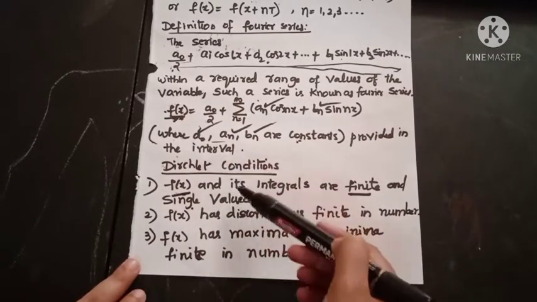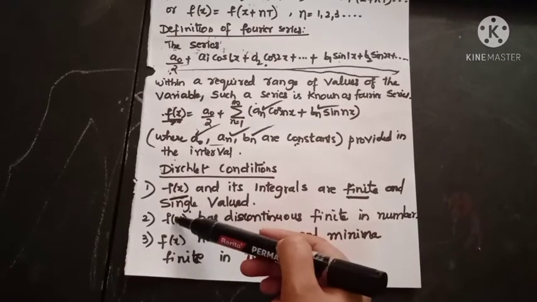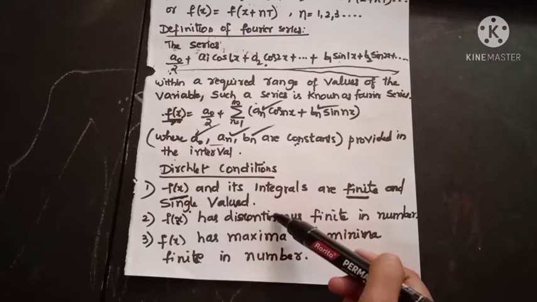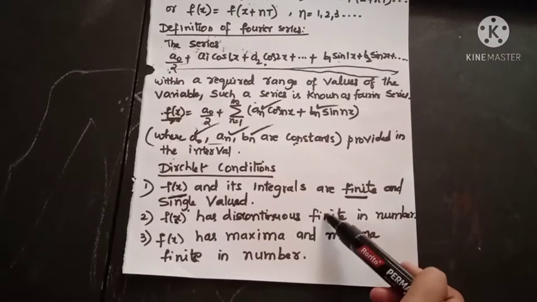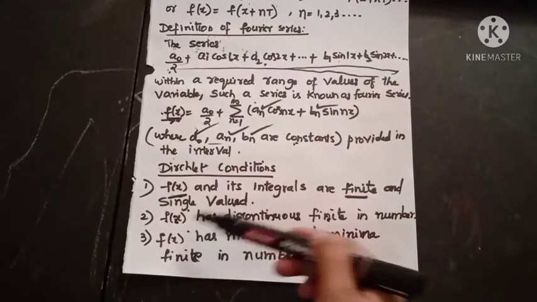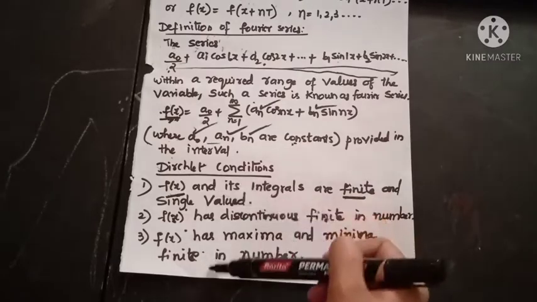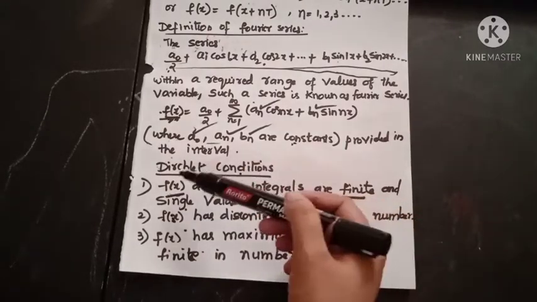That's what the Dirichlet condition says. And if f of x is a discontinuous function, then its points of discontinuity will be finite in number, and f of x has maxima and minima finite in number. These three are the conditions of Dirichlet.